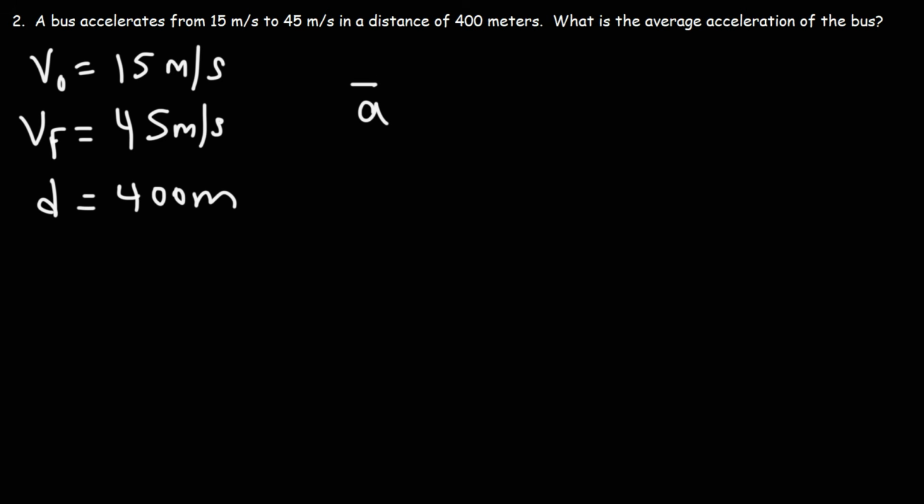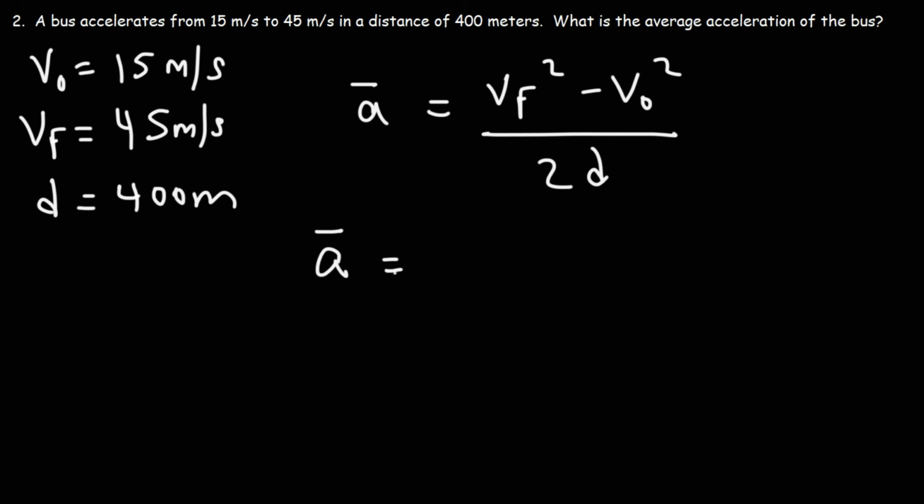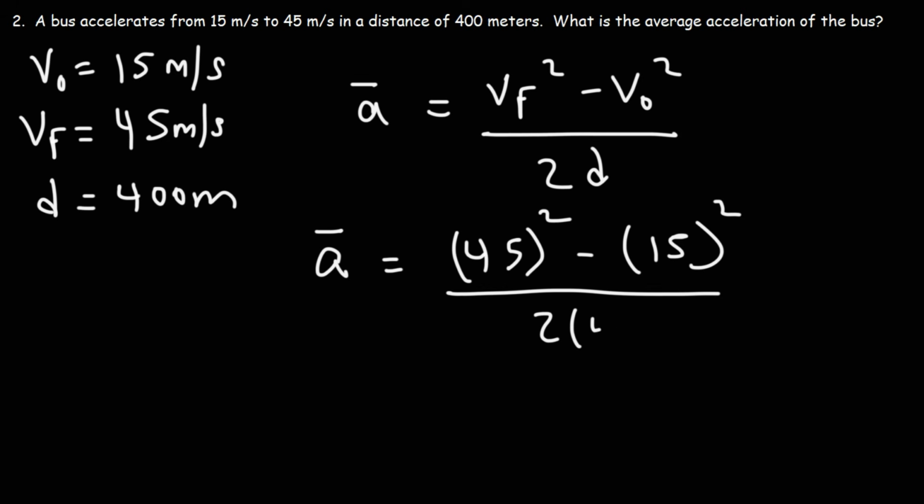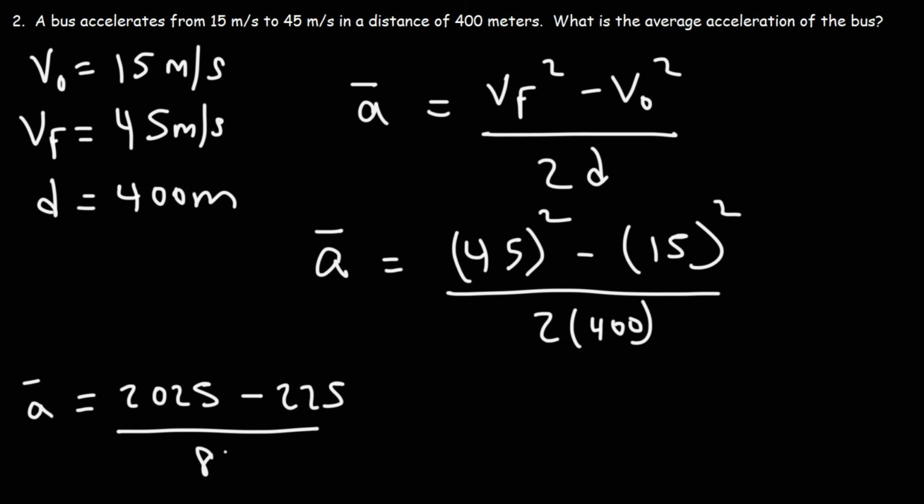So now to calculate the average acceleration, we're going to use this formula. It's v final squared minus v initial squared divided by 2 times the displacement. V final is 45 meters per second. V initial is 15. And the displacement is 400. 45 squared, or 45 times 45, that's 2,025. 15 squared is 225, and 2 times 400 is 800. 2,025 minus 225, that's 1,800.